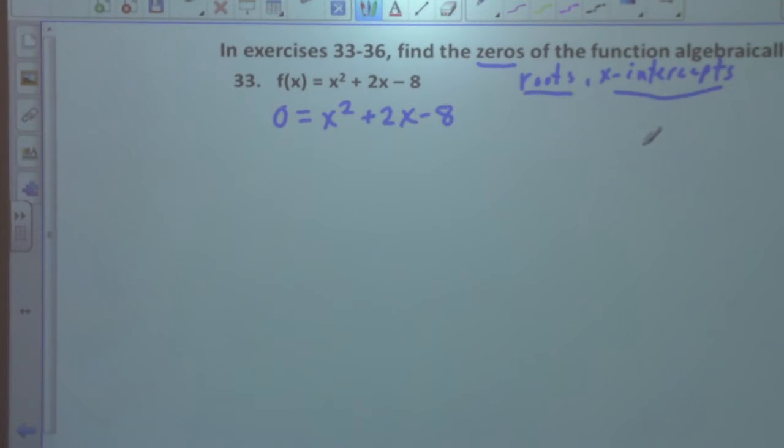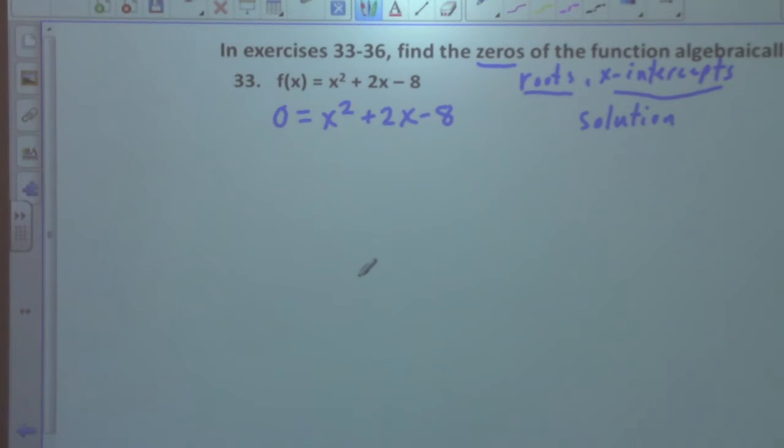Starts with an S. Once you set this equal to 0, another word that goes along with these is called a solution. Because your solutions are going to be when you set a function equal to 0.